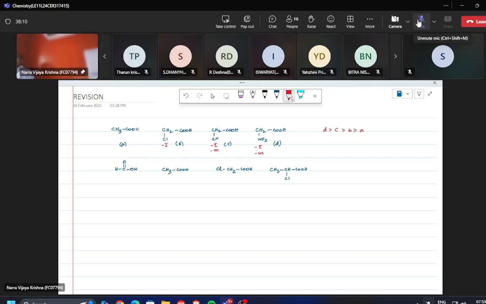Why? Why D? Compare C and D. Here minus I is there; over this carbon, minus I is there at the same time. So which is more acidic? C is more acidic than D. Correct.